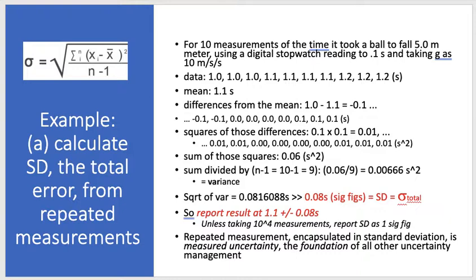So you should understand this. Arrival at a standard deviation, which is the same as the total error, as the fruit of repeated measurement. And it's the very foundation for all your other uncertainty management. You can only preserve the precision you have, and you get precision by taking repeated measurements of the very same thing.